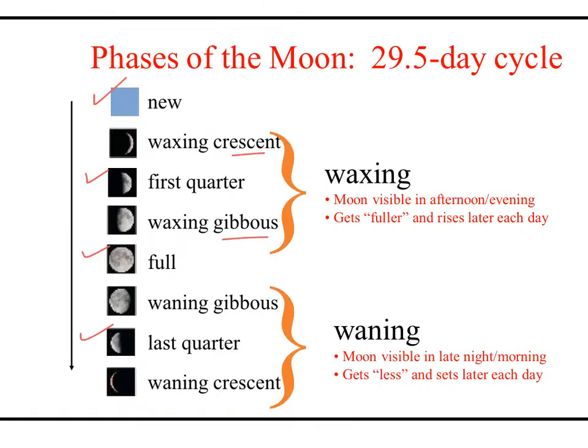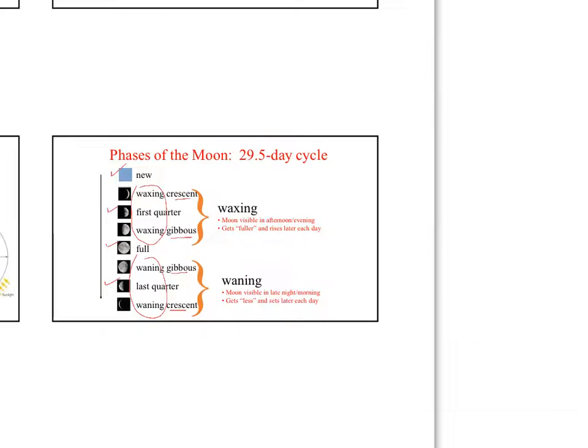Then we have gibbous that are more than a quarter. These are both waxing because it's getting fuller. After the full moon, it goes to more than a quarter gibbous, and then it'll be a crescent after last quarter, and it's waning in those cases. So know those phases.